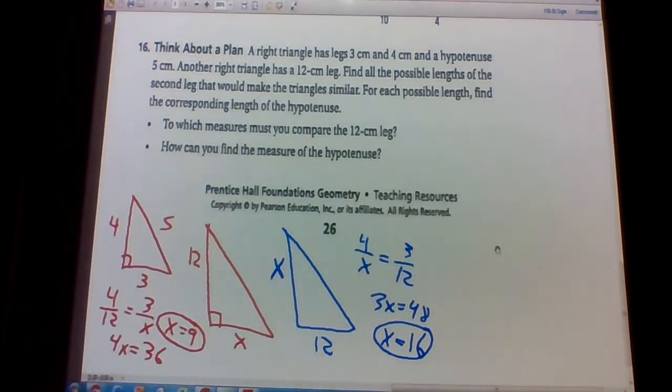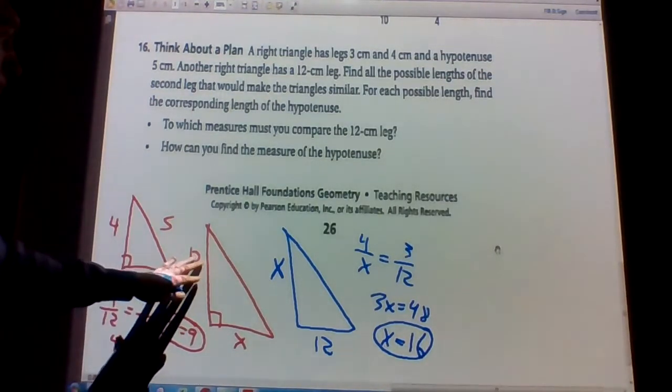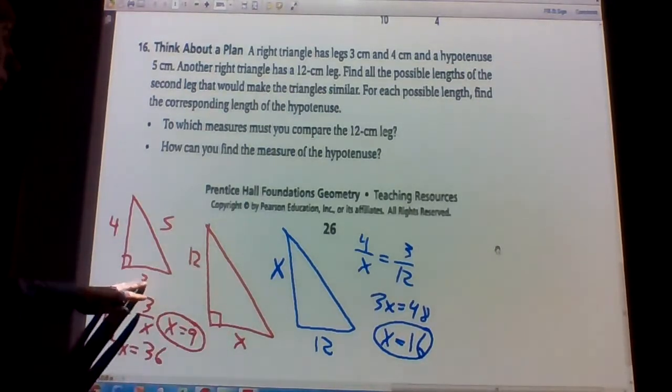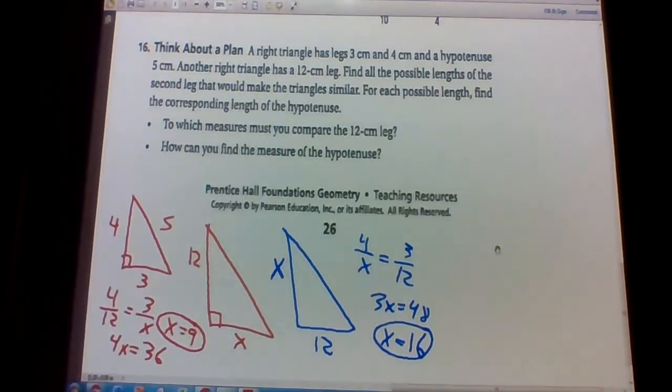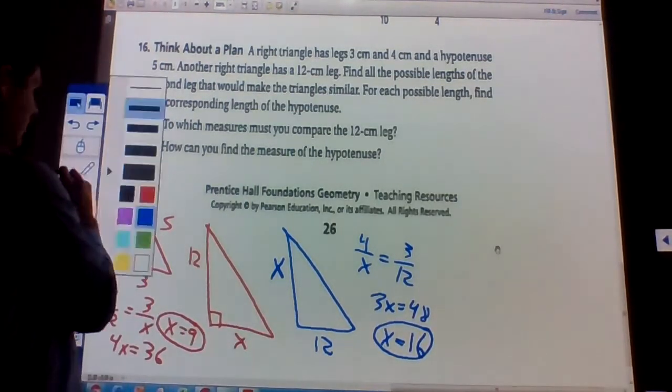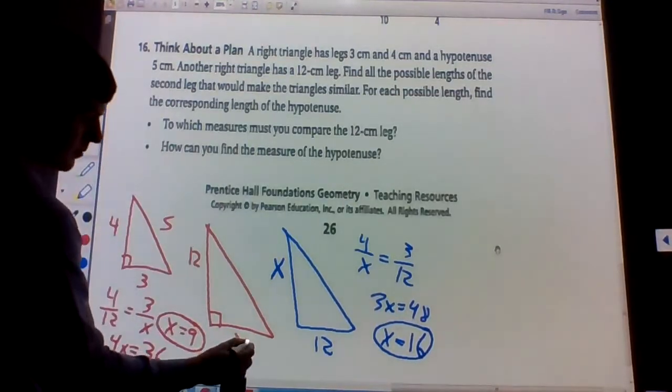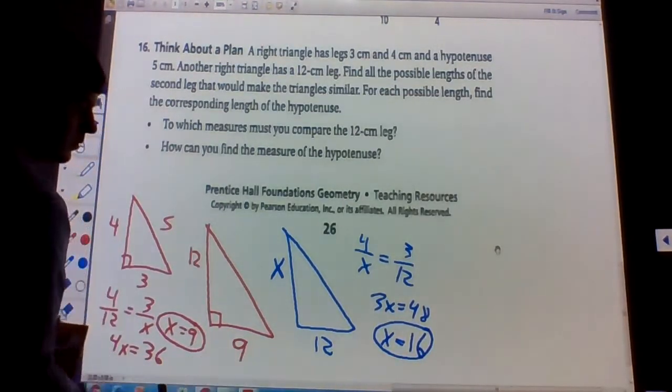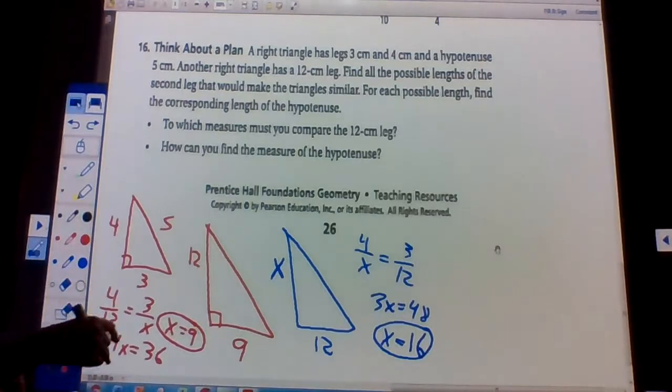Okay, to which measure must you compare the 12? So the 12 could be compared to 4 or it could be compared to 3. Then how can you find the measure of the hypotenuse? You can use the Pythagorean Theorem, a squared plus b squared equals c squared, or we can use our ratio of our sides. So for this one, if this was a 9, you just pick a ratio.